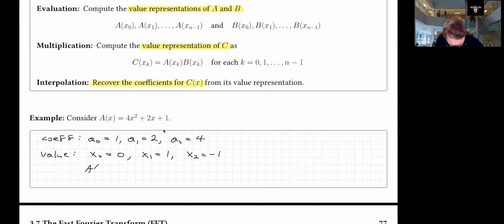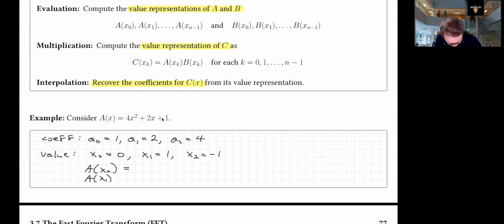Then the value representation, A at x0, sorry. x0 was 0. Plug in 0 here, I get 0 plus 0 plus 1.